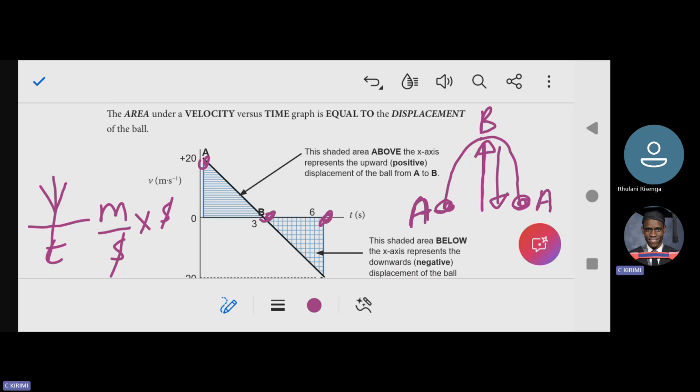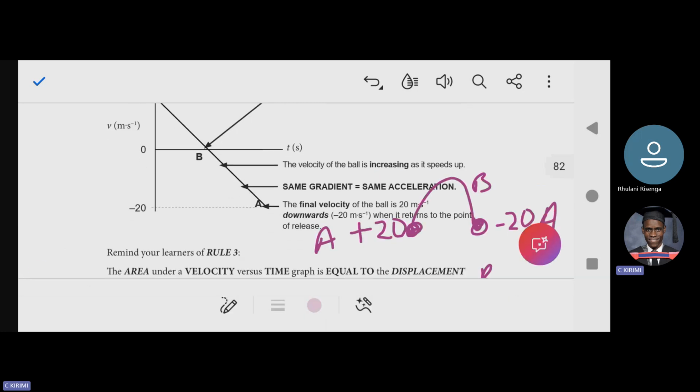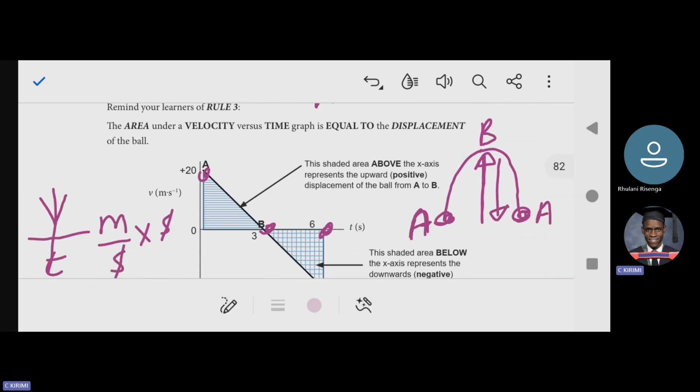Yes, it's correct. I thought maybe you were talking about calculating the length of the slope and saying that is your distance. Then I was saying no, that is wrong. You can't use this slope as your distance. It has to be the area of that triangle, like you said, half base times height.